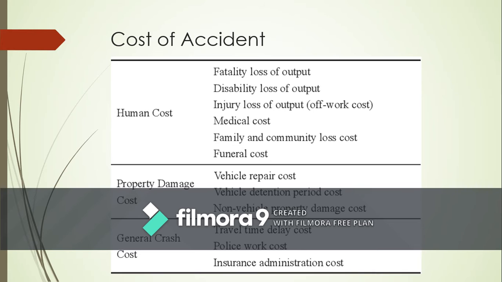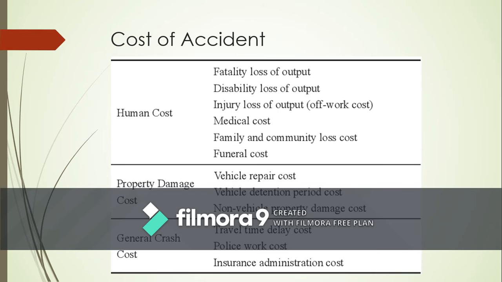Then property damage. Sometimes in vehicles it happens that while driving there will be an accident. Vehicle repair cost, vehicle detention period cost, non-vehicle property damage cost, general crash cost, travel time delay cost, police work cost, insurance administration cost. These are a few general costs associated with accidents.